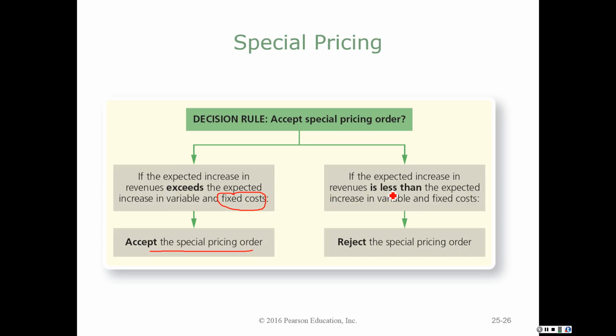If the expected increase in revenues would not cover the increase in cost, obviously we would reject. And let me caution you, we don't simply accept because we can generate increased contribution margin. We also need to stop and take into consideration the other qualitative factors that would impact this particular decision.